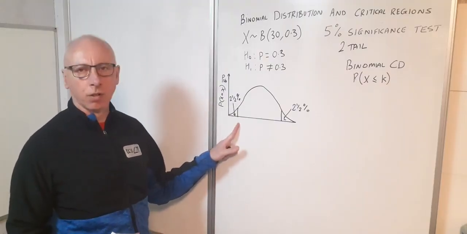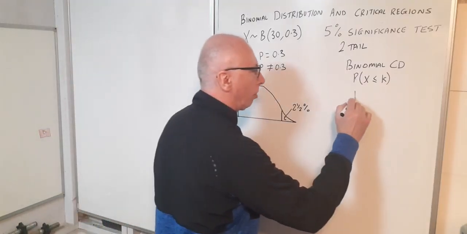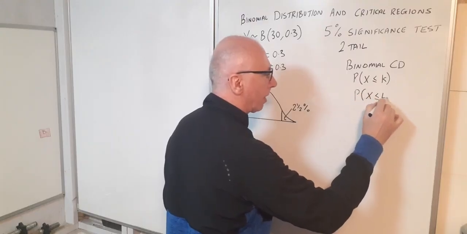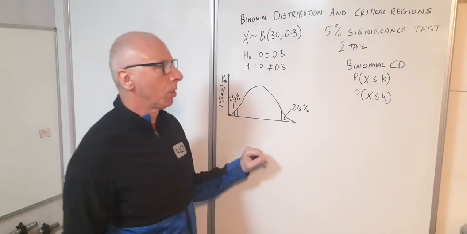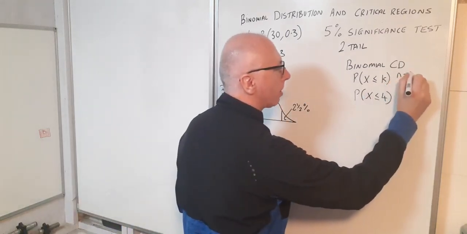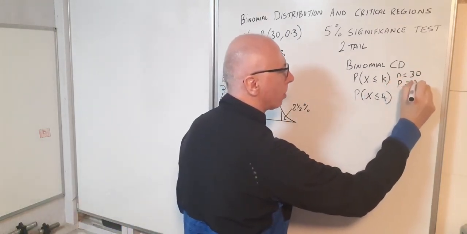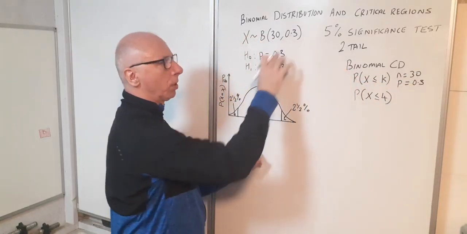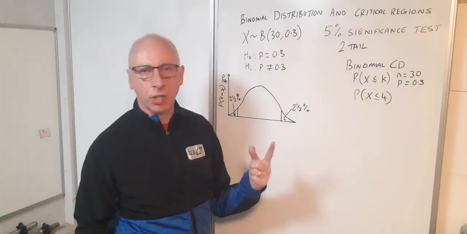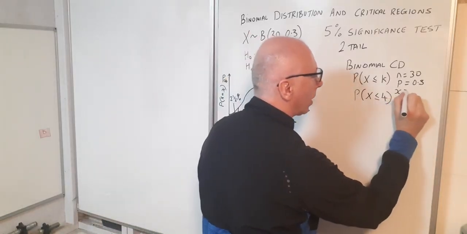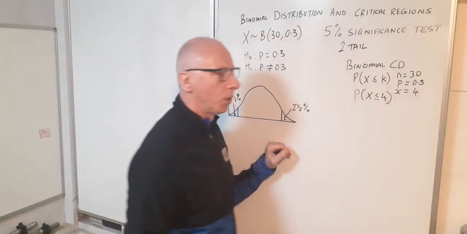So here I'm going to try 4. So probability X is less than or equal to 4. So for the binomial cumulative distribution here, you'd have n is 30, p is 0.3, because that's our distribution, and this value here for the k, on any calculator it probably comes under X, depending on what calculator you've got, so you put number 4.